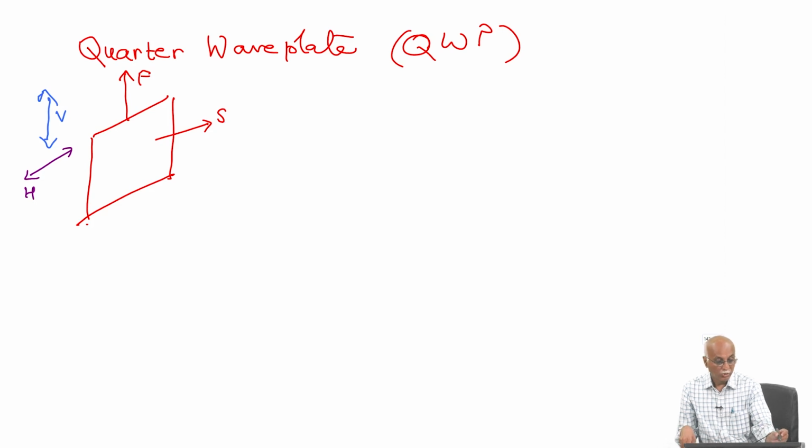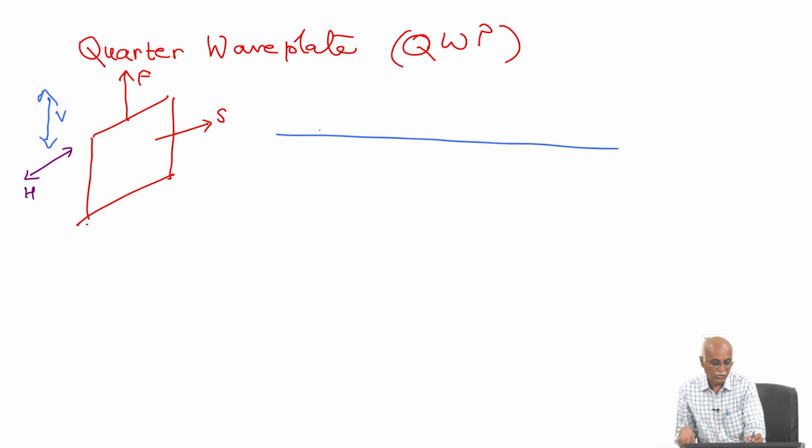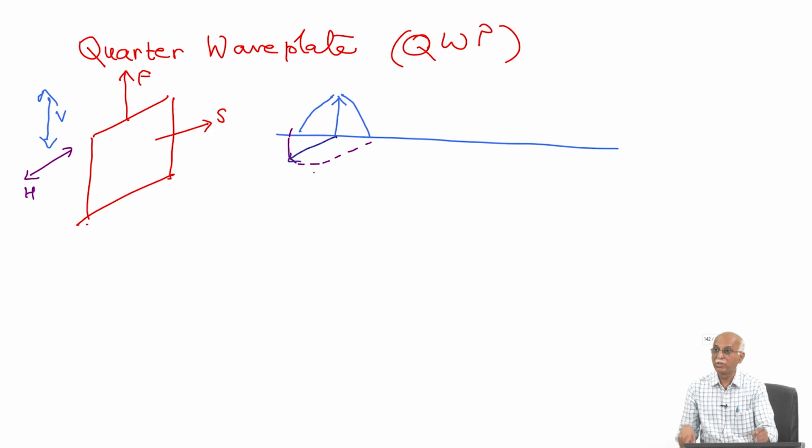Now, so what will happen? At the input plane, though my description may not be perfect, I will try. Let us say both have the same phase, horizontal and vertical waves, same source.